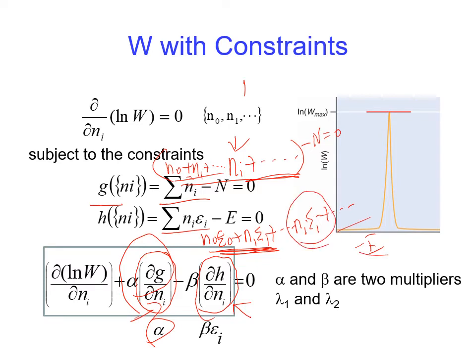The only one that survives is Ni epsilon i, and its derivative over Ni is epsilon i. That's why you have beta times epsilon i. So this equation now becomes the partial derivative of ln W over Ni plus alpha minus beta epsilon i equals 0.